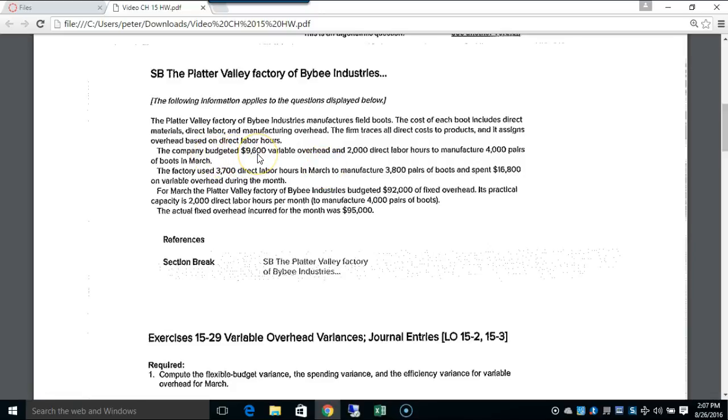The company budgeted $9,600 variable overhead, and used 2,000 direct labor hours as its budget. So the predetermined rate is $4.80.